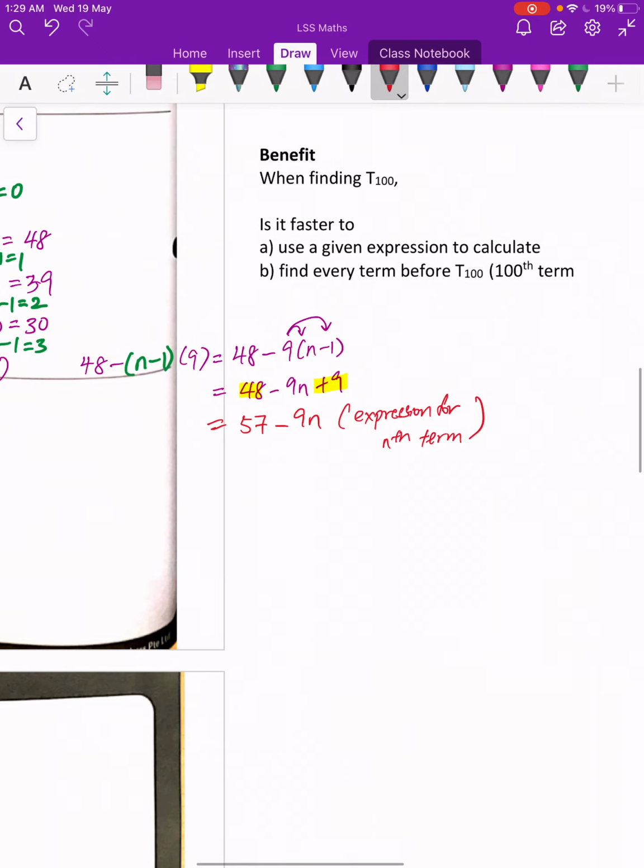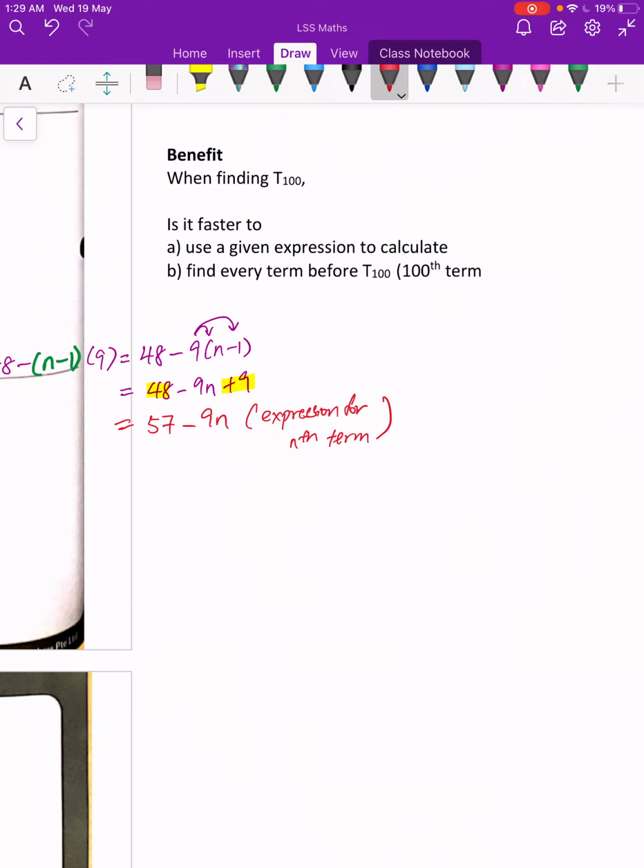So what does this mean? Let's say I ask you to find the term in the 100 position, so this is the 100th term.